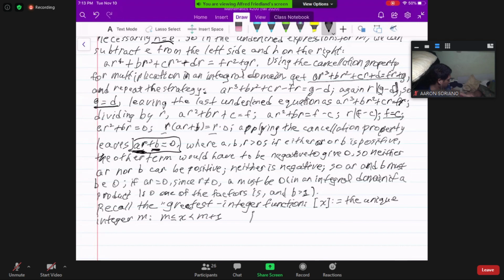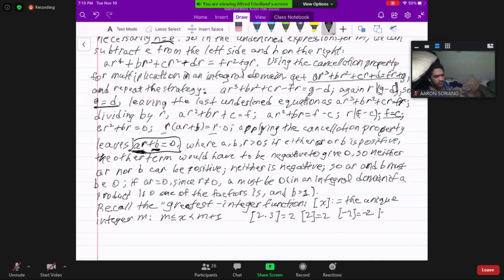So, for instance, 2.3 in brackets is 2. The greatest integer less than or equal to 2 is 2. The greatest integer less than or equal to -2 is -2.